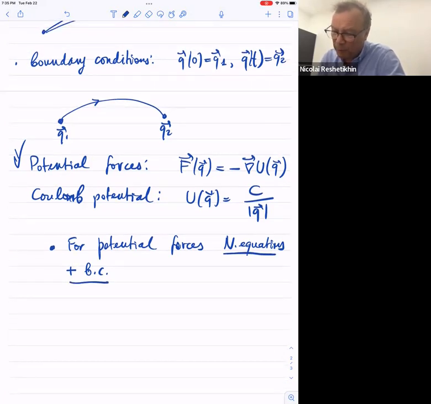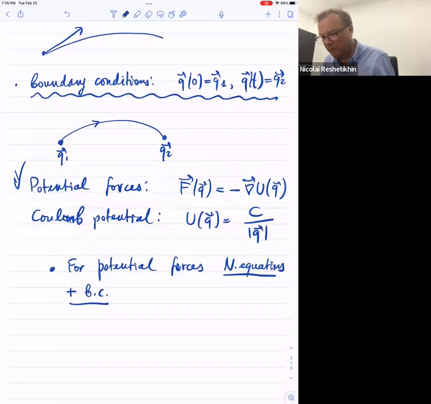So when I say boundary conditions, up until a certain point in the class, I will always mean these boundary conditions, that we fix the initial point and the target point of the trajectory.